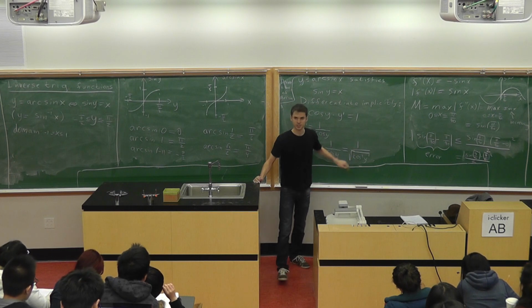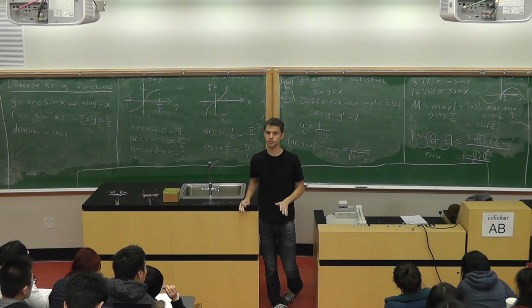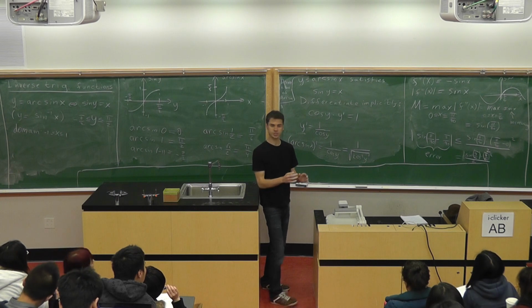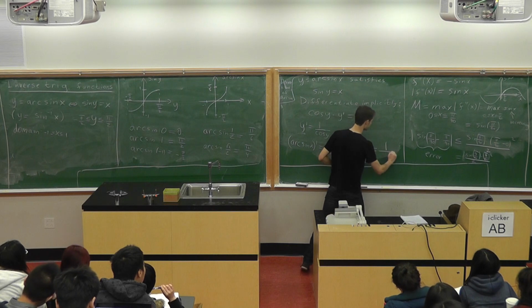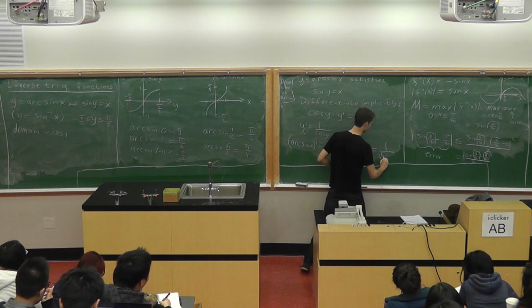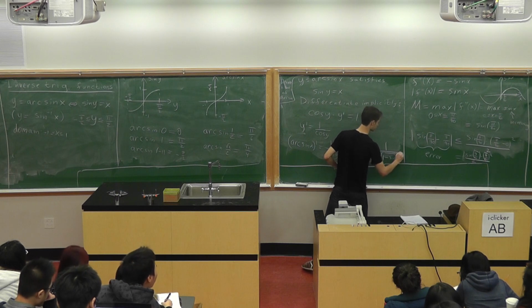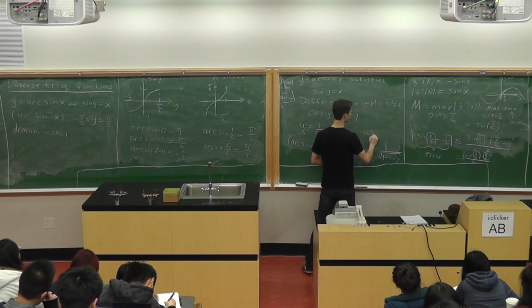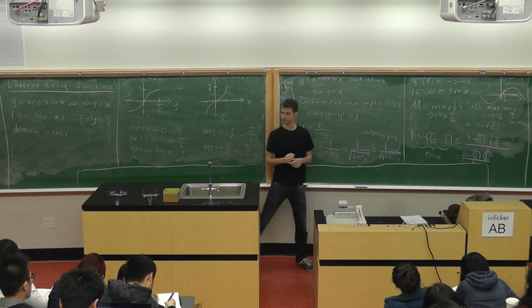Now, why did I do this? Because I remember there is an identity with cosine squared and sine squared. Sine squared plus cosine squared is equal to 1. So I can take this and write it in this way: square root of 1 minus sine squared of y. Here I used that sine squared plus cosine squared is equal to 1.